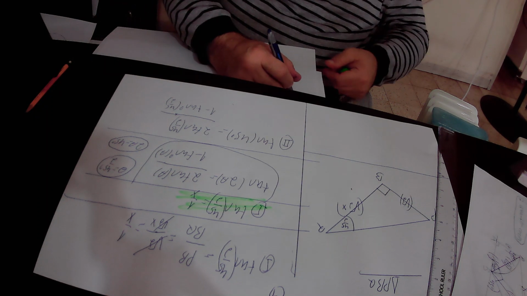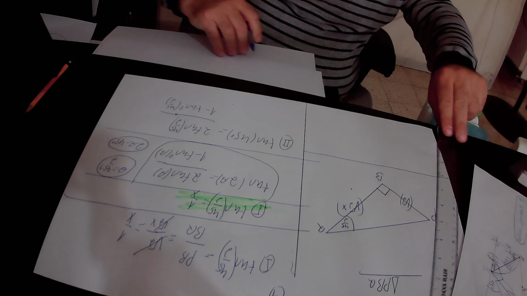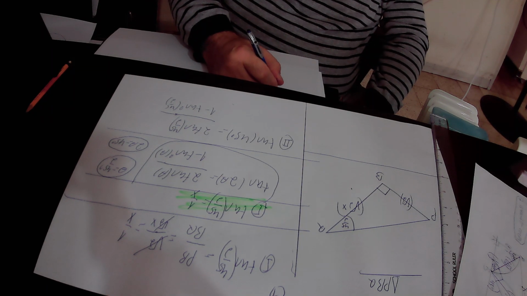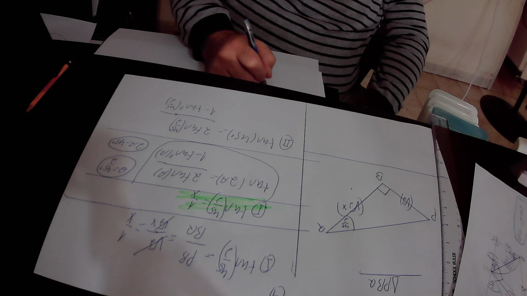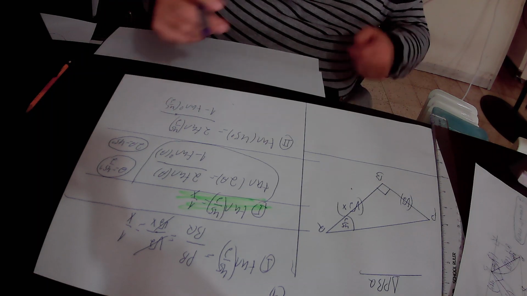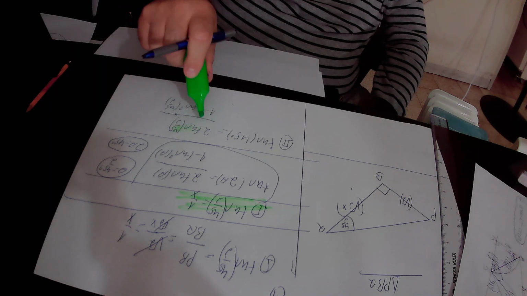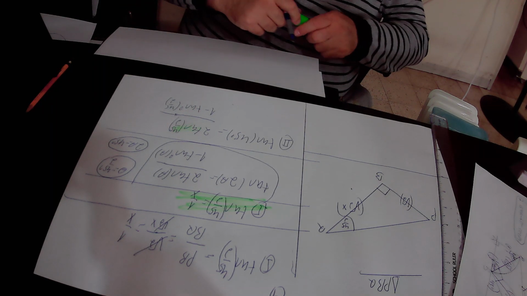Tangent of 45 degrees is 1, and it equals 2 times tangent of 45 over 2 degrees, which is t, over the denominator.